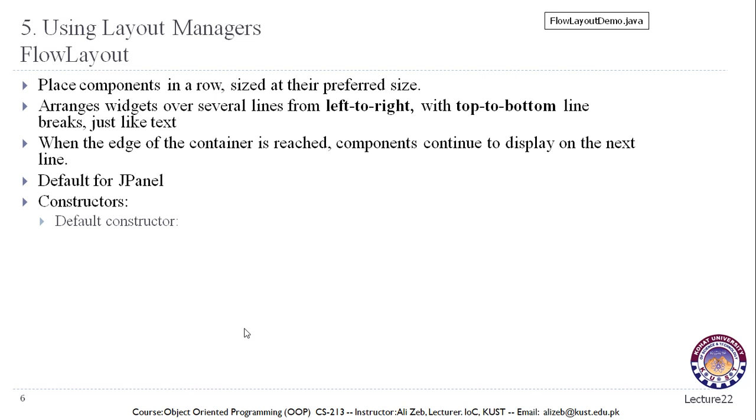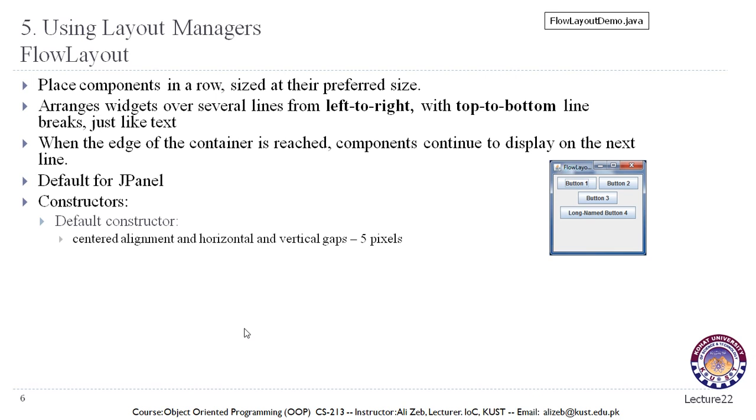As we will see in the example, the default for a JPanel, if we are adding two buttons or gadgets to our panel, is that by default it follows the flow layout pattern, and the components are centered, as we can see. So as long as we keep adding these components, and if there is space on this panel, buttons will be added to this.